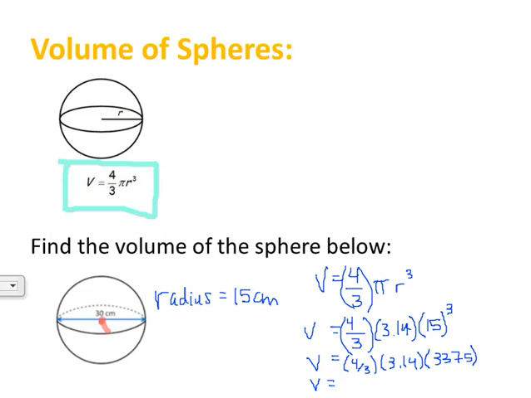So I'm going to do the 4/3 after I multiply 3.14 times 3,375. And when I do that, I get 14,130, and I always need my units of measurement, centimeters cubed. And that is our answer.